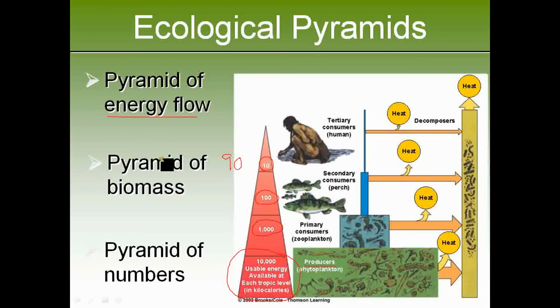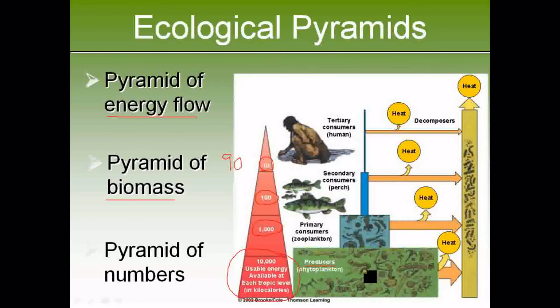Well, that's an energy pyramid, but we can do the same thing with a biomass pyramid. We can measure the actual amount of creatures, the weight of them. You could measure the tissue, the mass of them. And the 90-10 rule will also apply.